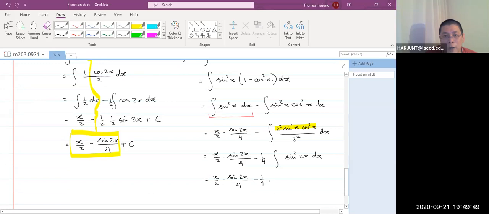Then you will have the 1/2 times 2x over 2 minus sine of 2 times 2x. So you replace x by 2x.